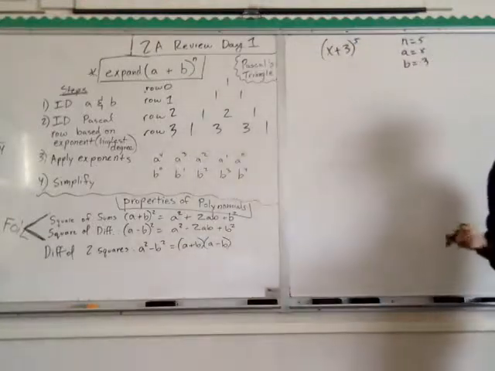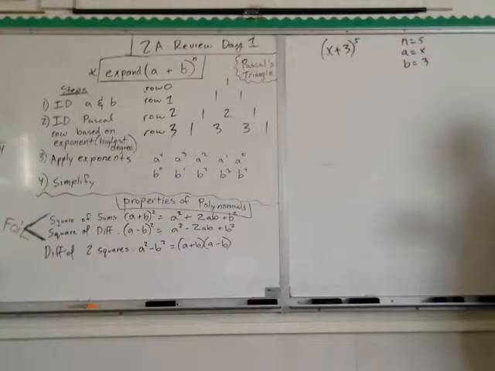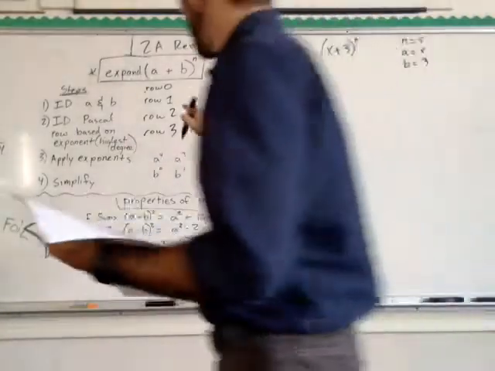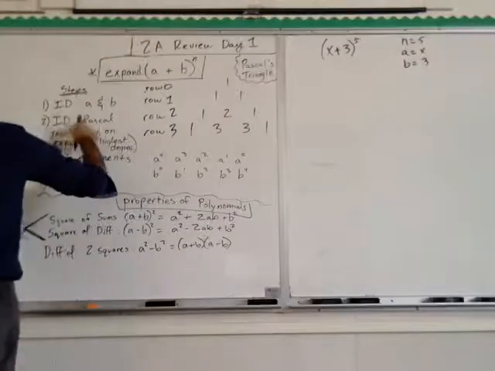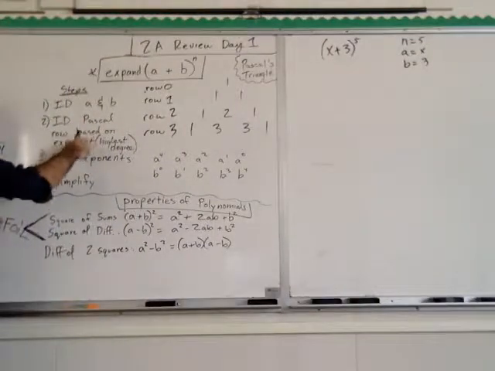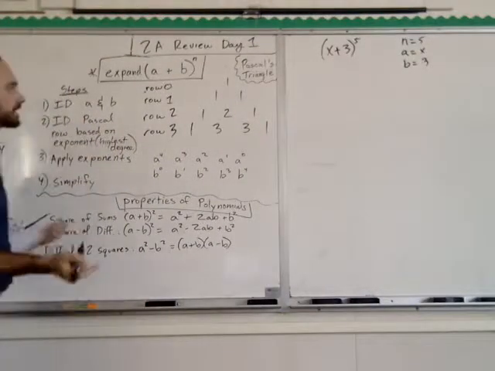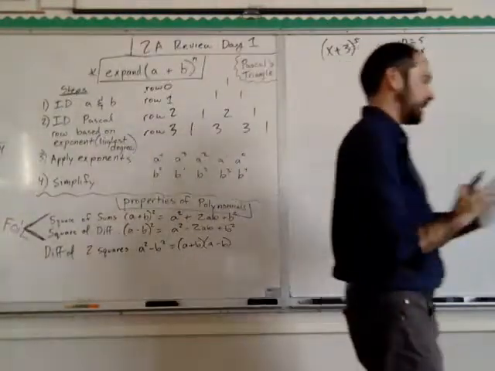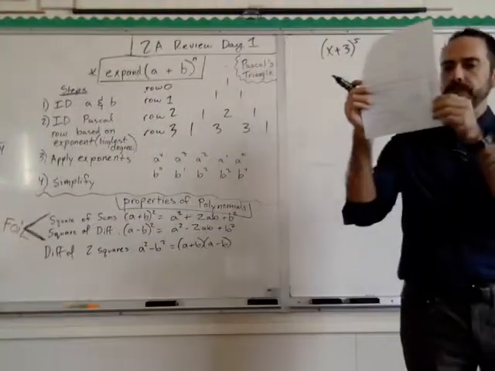Whatever those numbers are, we're going to put them in our a, b, and n. So we found a, b. Identify Pascal's row based on the exponent. Our highest degree here is the 5th power. So look on the back, the notes I gave you.